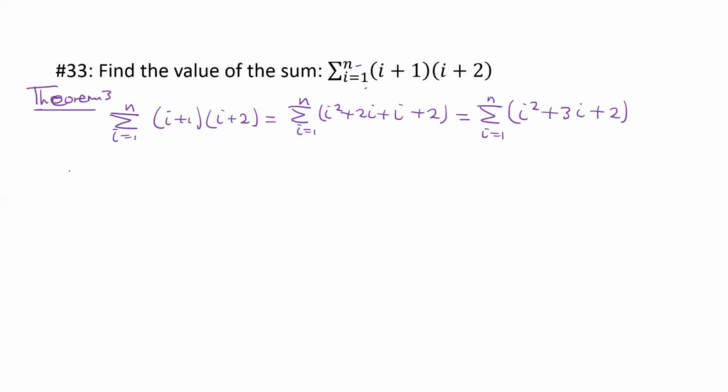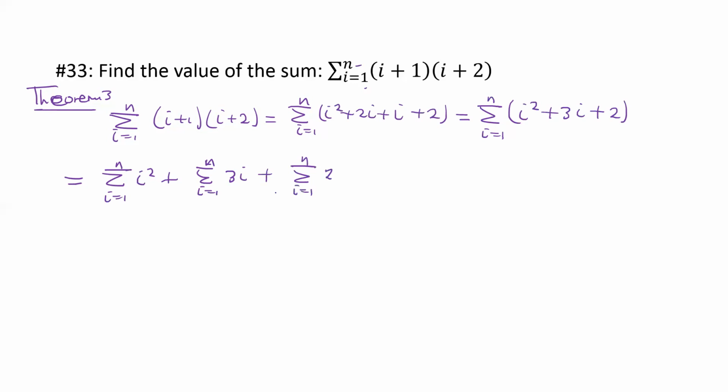So when we simplify, we distribute the sigma notation over this. That should be the sigma of i squared plus the sigma of 3i, then plus the sum of 2.